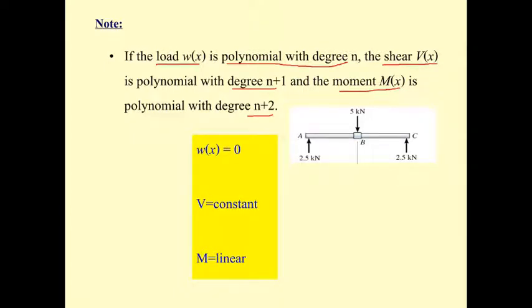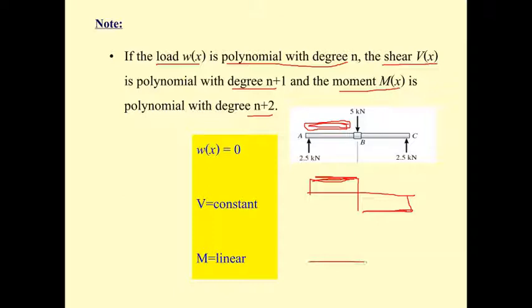This beam has no uniformly distributed load in this area, so the V in this area is going to be constant, because dV/dx equals 0. And this portion is also going to have constant V, right?